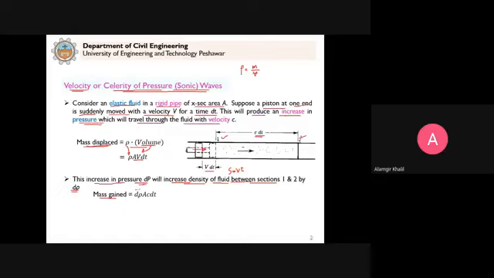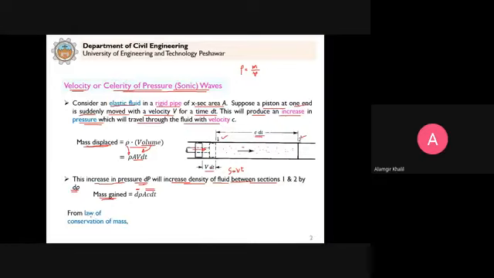That's why this is d rho, the change in density that will occur as a result of increase in pressure. So d rho into this volume, A c dt. A is the cross-sectional area of the piston, and c is the velocity with which the pressure wave travels. So this will be the mass gained by the fluid between section 1 and 2.